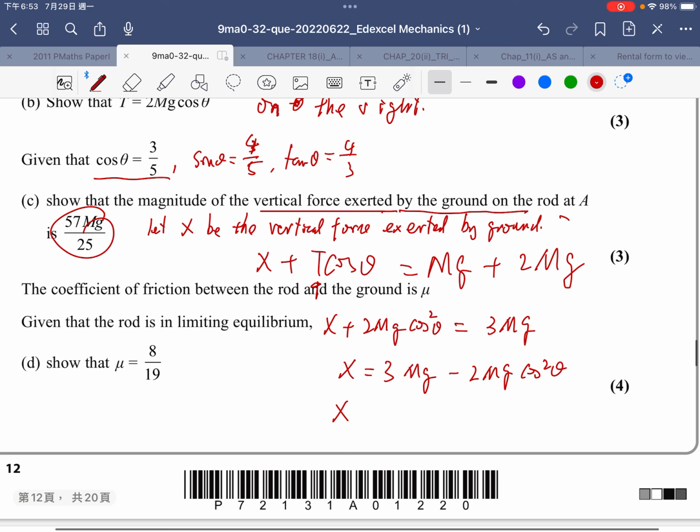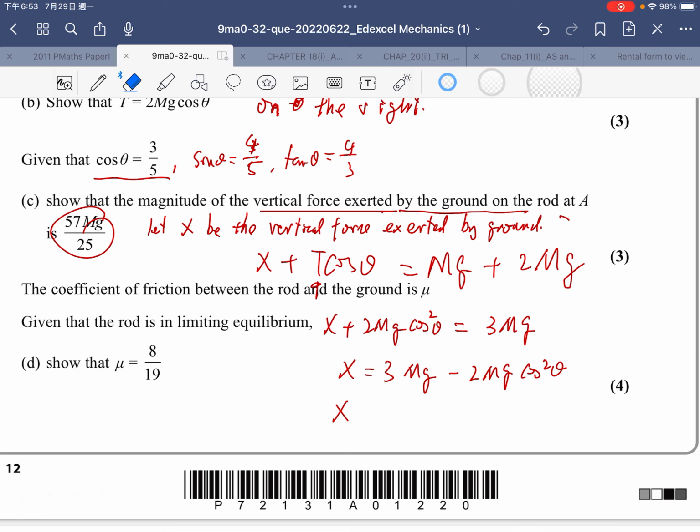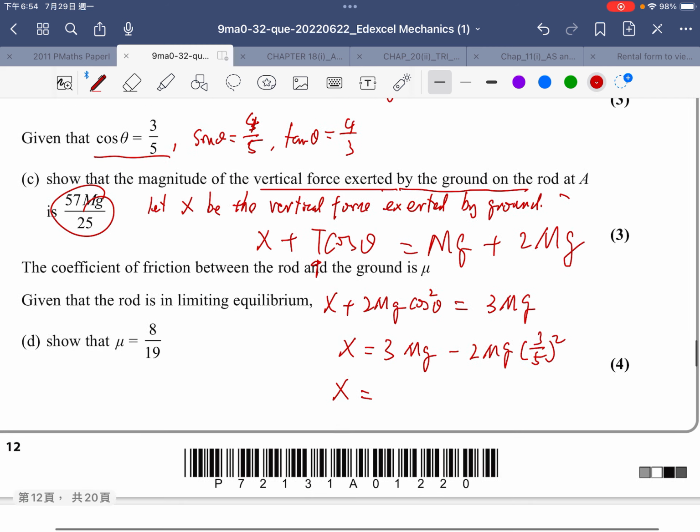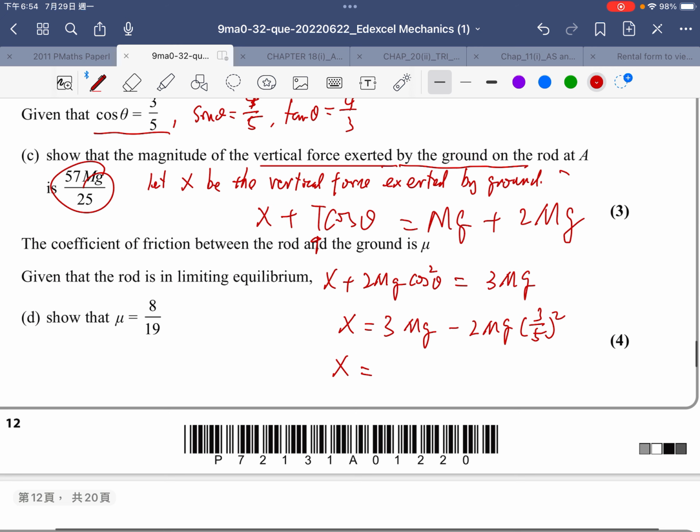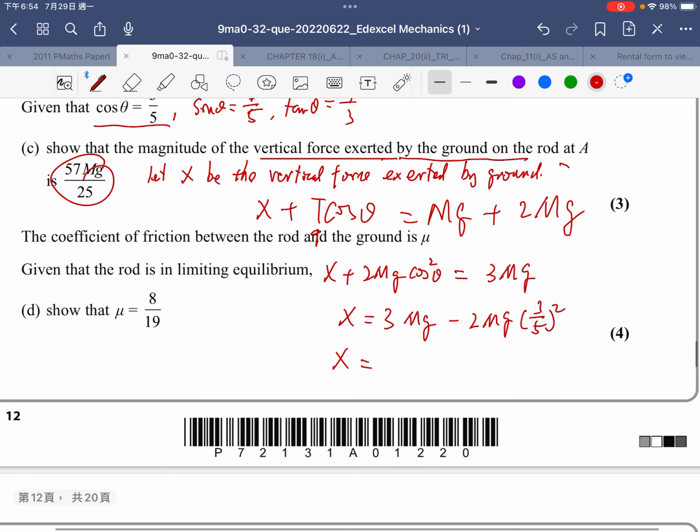Here cosine theta is equal to 3 over 5, that means 3 over 5 squared. I think making a common denominator is better, so I show the step here.